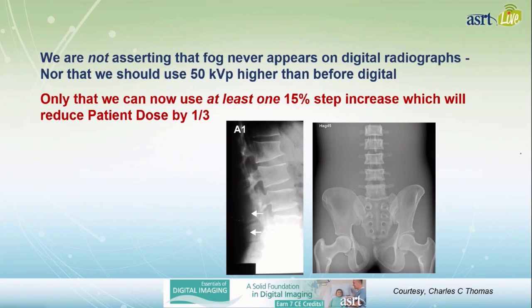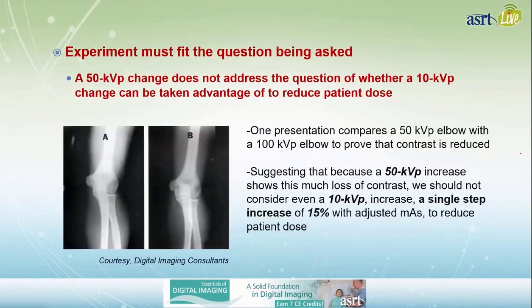What we're trying to suggest is we can now use at least one 15% step increase, which will reduce patient dose by 1/3. So the experiment must fit the question being asked. That's another one of those errors that we talked about. A 50 kVp change does not address the question of whether a 10 kVp change can be taken advantage of in order to reduce patient dose.